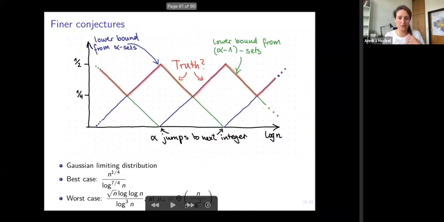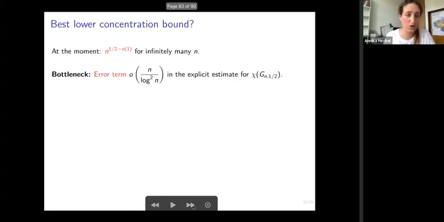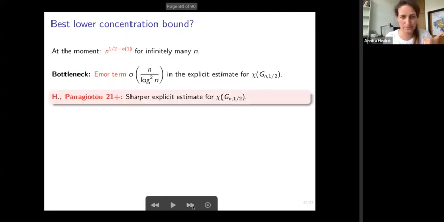Now, how close to this can we actually get? At the moment, we can't do anything better than n to the 1/2 minus some unspecified term that tends to 0. The bottleneck is the error term in the explicit estimate for the chromatic number, the first ingredient. But in this paper, which I'm writing up together with Kostas Panagiotou, we have a sharper explicit estimate for the chromatic number.